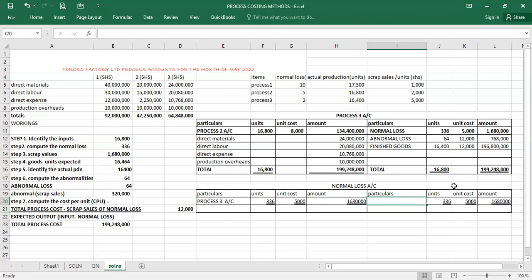Hope you'll be able to follow up, but what I'm going to be doing now is concentrating more on equivalent production, because I'm very sure that one gives the students headache, and that's what I want to concentrate more on. I put more concentration and I go step by step on each and every category, especially when you have work in progress, when you have opening stocks, when you have closing stocks, and when you have all of them plus these losses we are talking about.